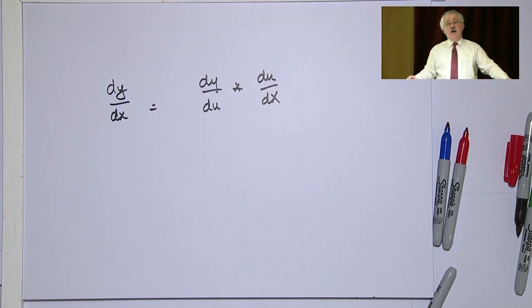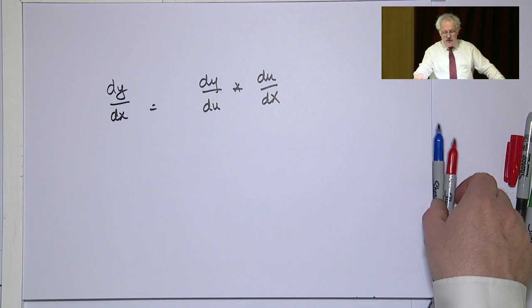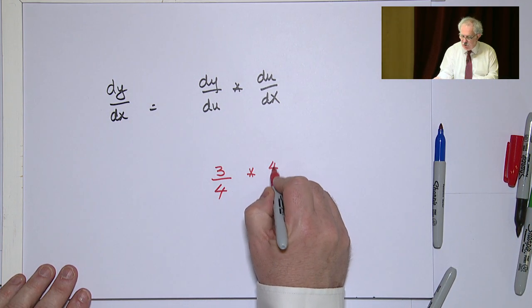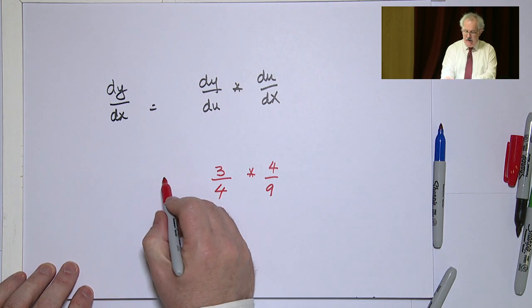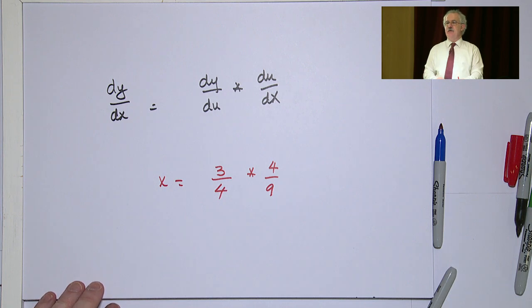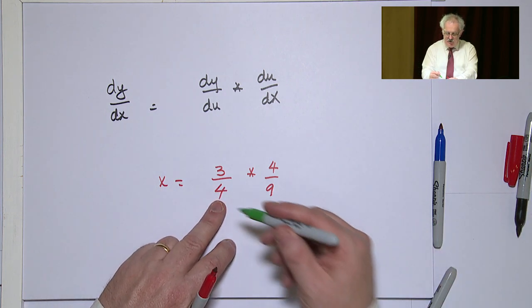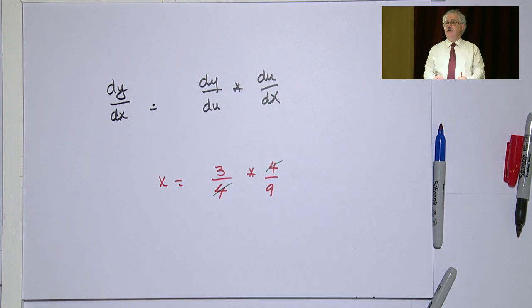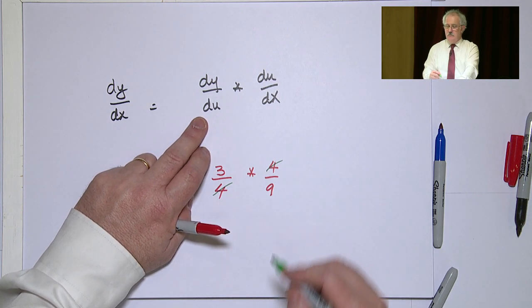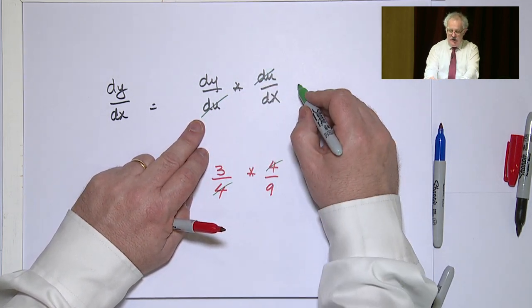It's like fractions, where you've got 3 over 4 times 4 over 9. What would you do in this case? Would you multiply across or something like that? And you'd say, well, there's a 4 on the bottom and there's a 4 on the top. You'd cross them out. If we look at this, have we got a du on the bottom and a du on the top? We get dy/dx.